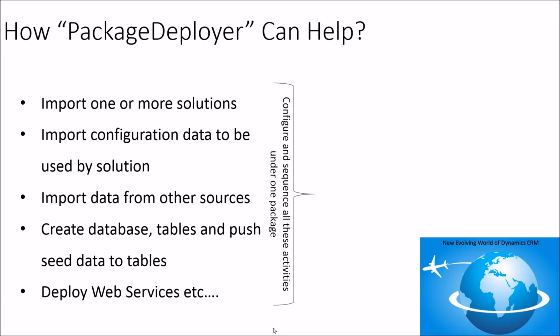You can sequence the activities, so this will happen first, then the second, and the third. And you can do this using a Visual Studio project template. So just like any other development activity, you can go and create a Visual Studio project template.